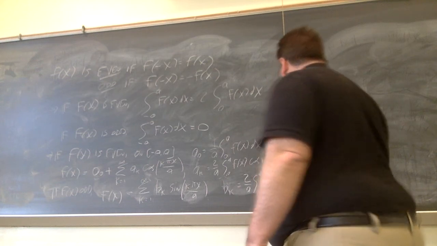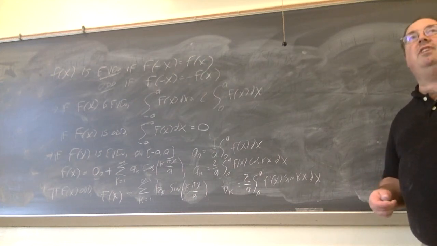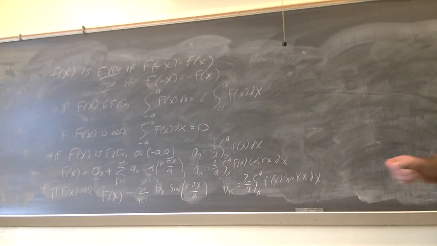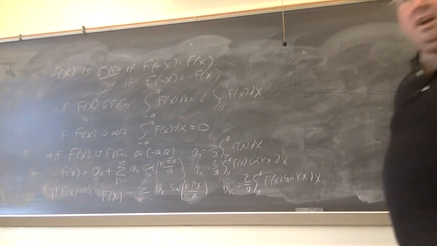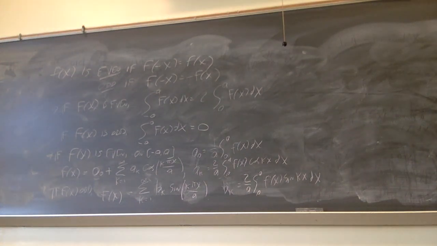The reason that works is that if f is odd and sine kx is odd, the product of odd functions is even, so this integral would be non-zero. The funny thing is, multiplication of odd and even functions is nothing like multiplication of odd and even numbers. With numbers, odd times odd is odd, and odd times even is even. But it's the opposite with functions: odd times odd is even, even times even is even, and even times odd is odd, because of what it really means about the negation.